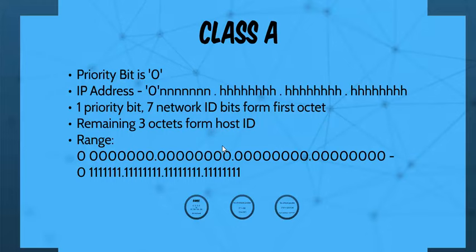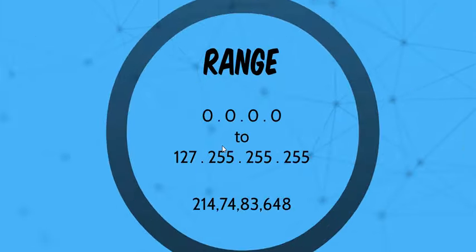So the range of IP addresses will be from 0 followed by 31 zeros to 0 followed by 31 ones. If you observe throughout the series, the priority bit is kept 0 and is not changed. The decimal notation for the range of Class A IP addresses is 0.0.0.0 to 127.255.255.255.